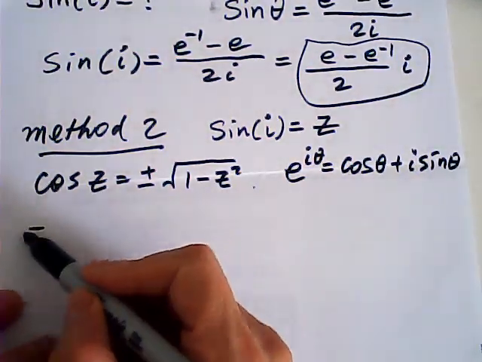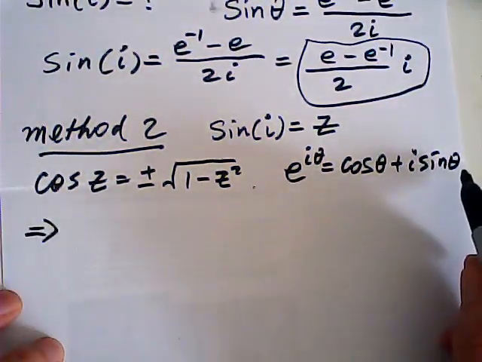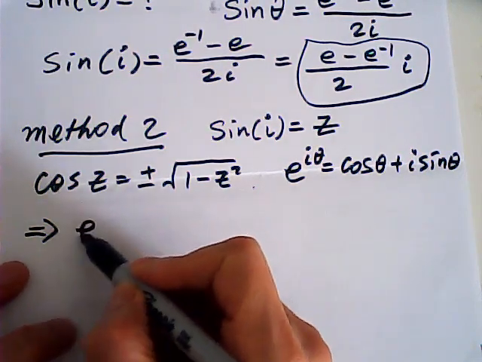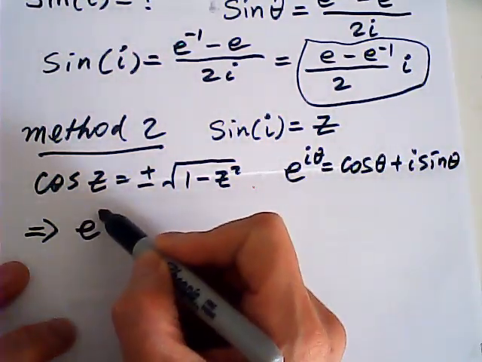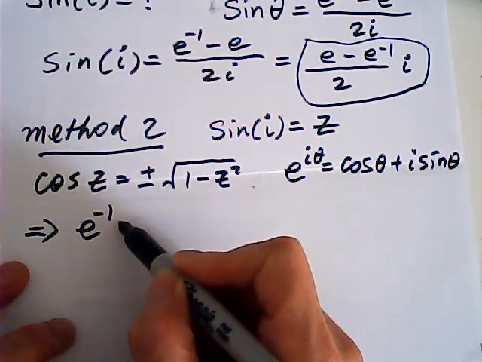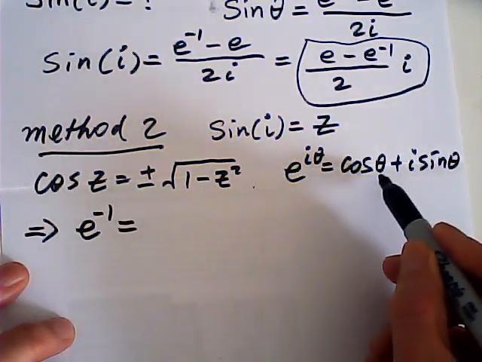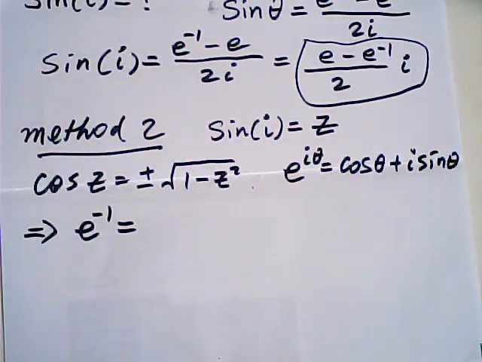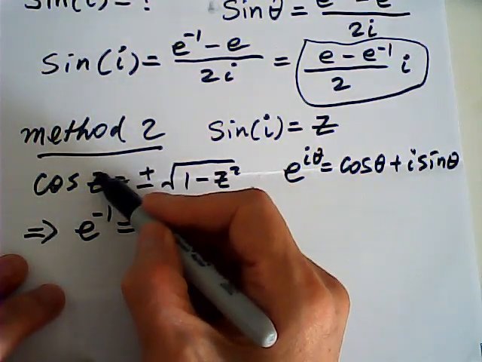Okay, therefore, when theta is i, this is e to the i squared, so e to the negative 1, is equal to cosine i.